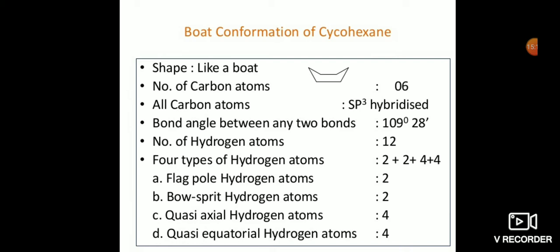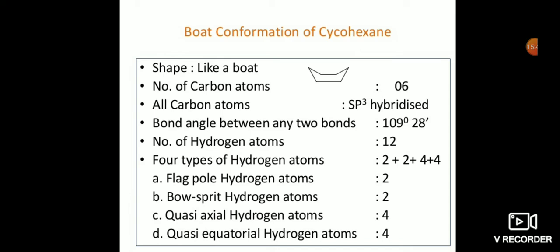So this way these names are given according to position, all the positions of hydrogens and bonds of carbon. This way we can say quasi means partial, not fully axial.